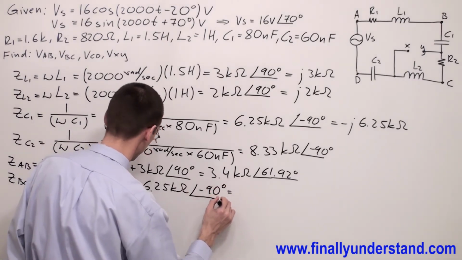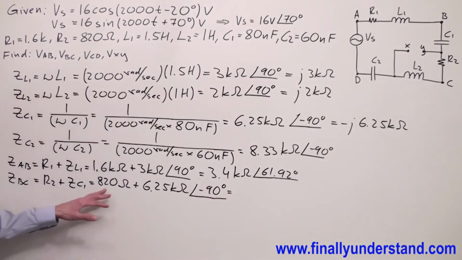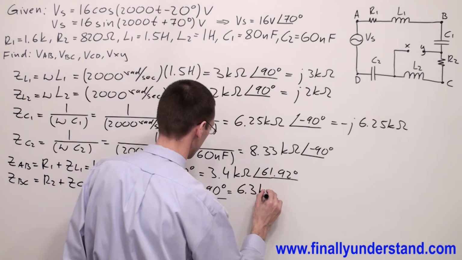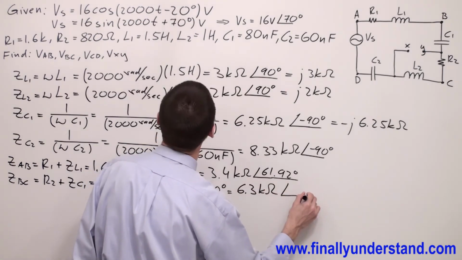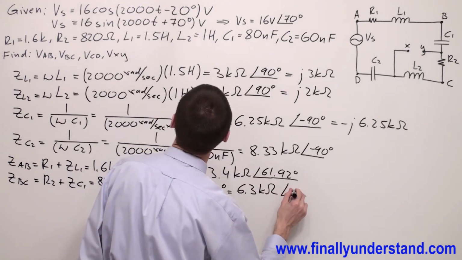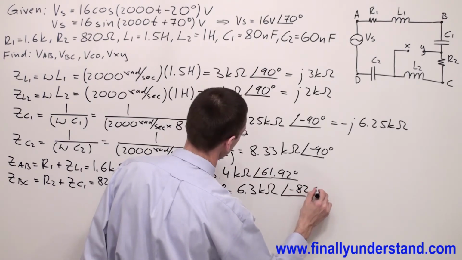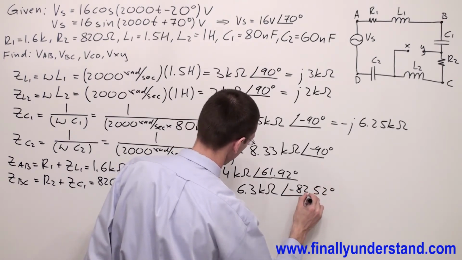Of course, you're supposed to use the calculator. You're supposed to obtain the value of 6.3 kilo ohms and angle of negative 82.52 degrees.